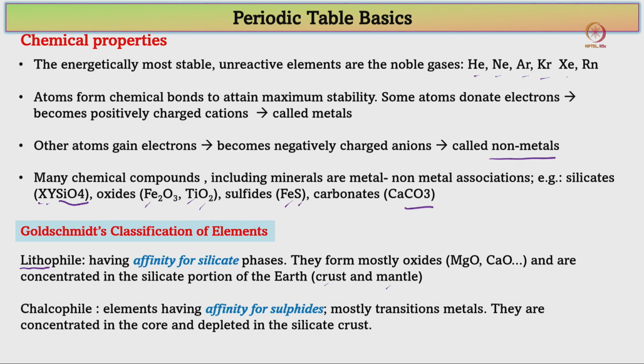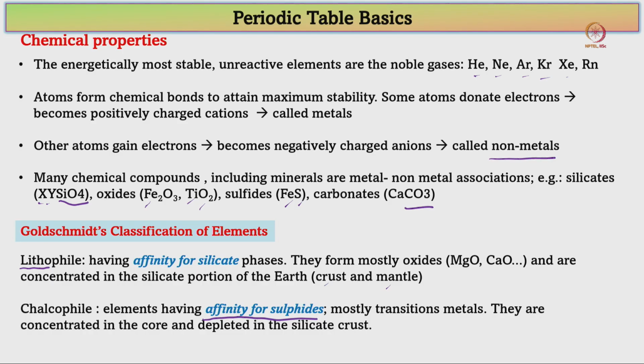And they will be mostly calcium, magnesium, the lighter elements concentrated in the lithosphere. Then a group of elements is called the chalcophile. They have an affinity for sulphides. They are more stable if they are in their sulphide formation.